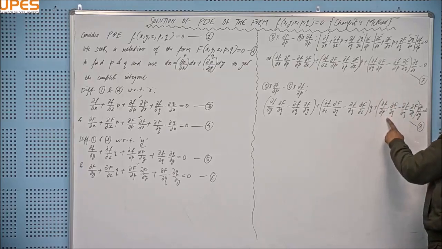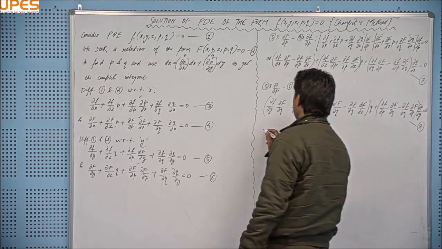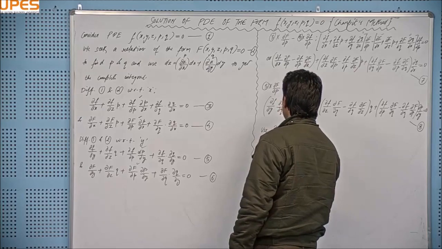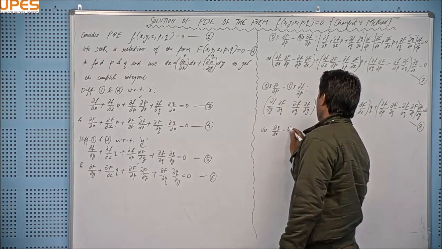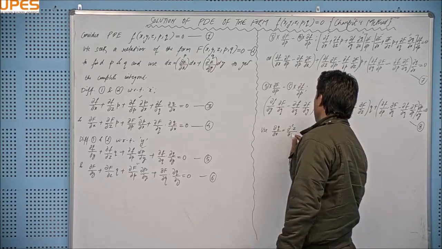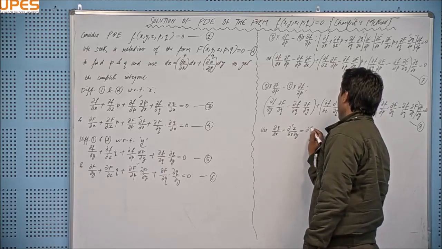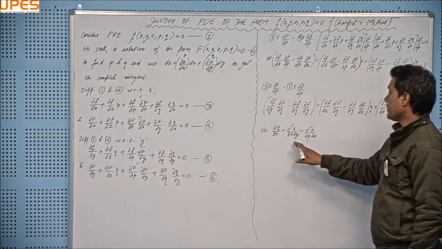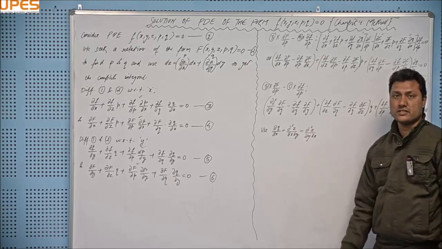Here we have a negative sign, positive sign, and outside we will have ∂q/∂x. What is small q? Small q is ∂z/∂y, that is equal to ∂²z/∂x∂y, and that is equal to ∂²z/∂y∂x. That is obvious. In these conditions the second order mixed derivative is equal, whether you write ∂x∂y or ∂y∂x.